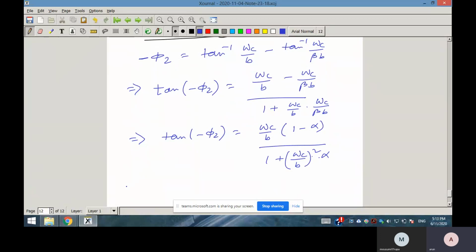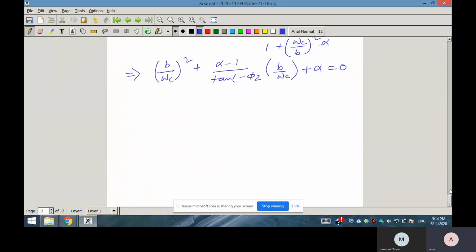So from this equation, if you multiply the numerator and denominator by b square by omega c square, then you will get this kind of equation: b by omega c square plus alpha. Please check it: alpha minus 1 into tan of minus phi 2 into b by omega c plus alpha is equal to 0. Here alpha, remember, is greater than 1.